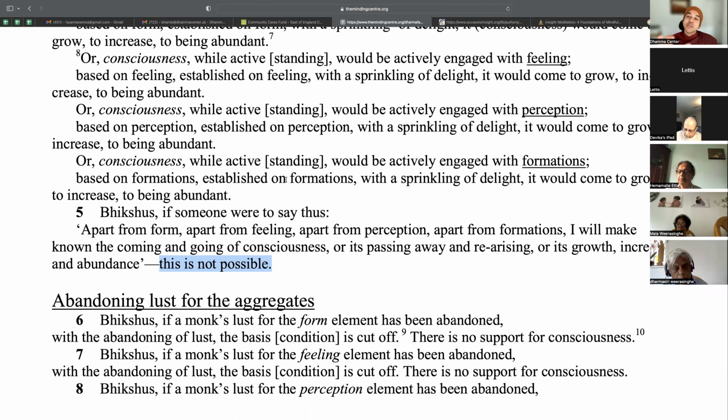So what it is saying is, if someone says, I will show how consciousness arises and passes without the rest, that is an impossible task.